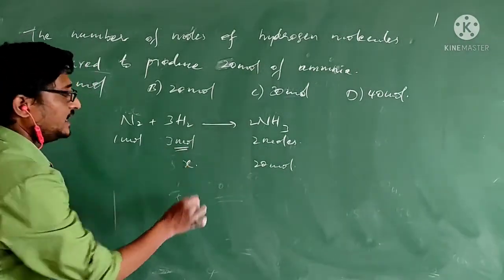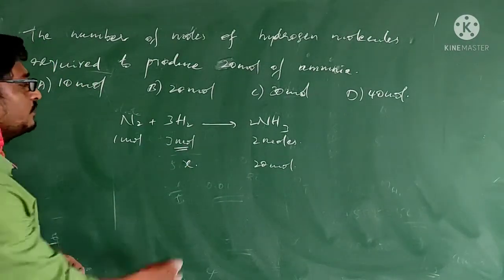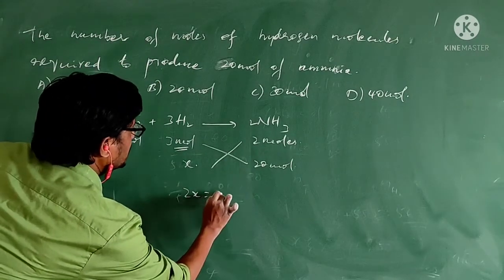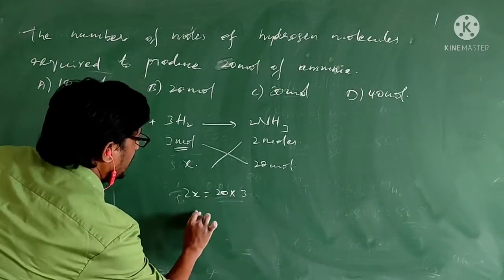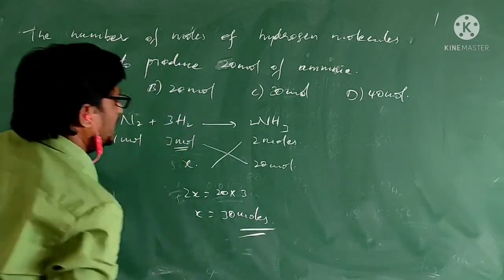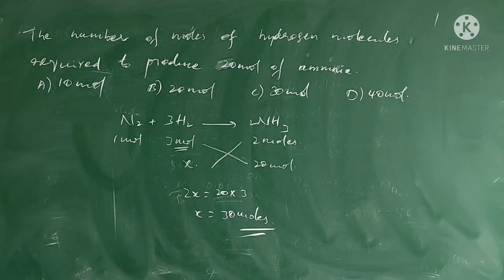Let us think of this as x. So if you cross multiply, you will get the answer now. Is that right? So which is nothing but 2x is equal to 20 into 3. x will be equal to 30 moles. Is that right? Simple, easy question. Okay. Please take it.